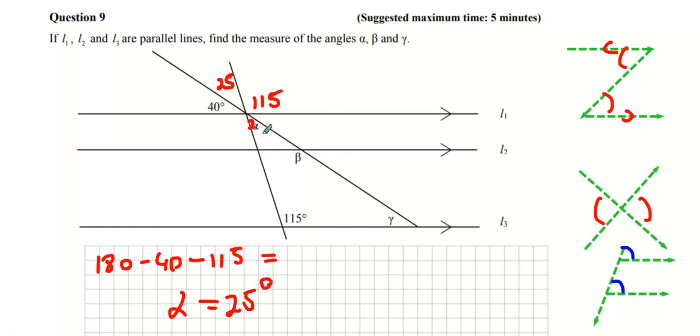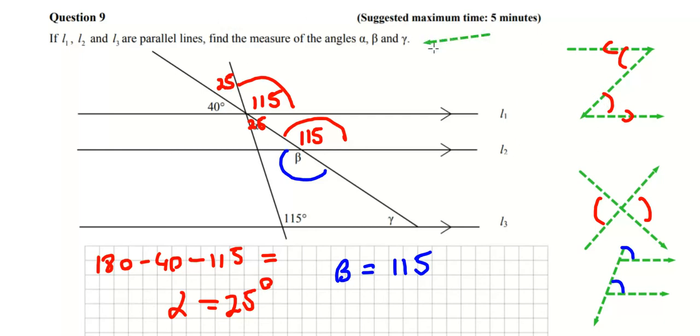Okay, now for beta, we know that 115 is corresponding to the other 115 because it's the same line, and then beta is vertically opposite that other 115, so beta will equal 115. Now the other thing we forget about is the C. These are what's called sum of 2 interior angles.